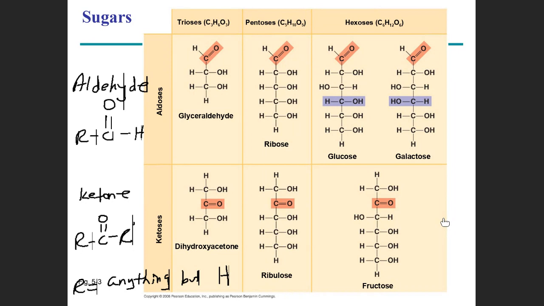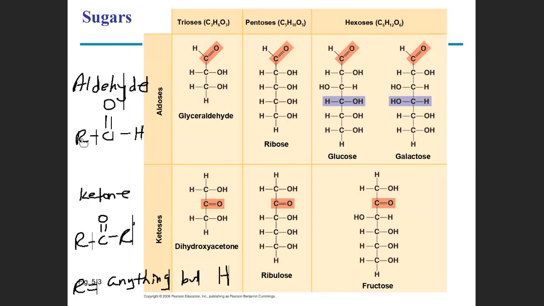So oses are sugars, ases are enzymes. So an aldose and a ketose. So aldoses have that carbonyl group, but it's an aldehyde group. And an aldehyde has a carbonyl group bonded to a hydrogen, and then R refers to anything other than a hydrogen. So any other group.